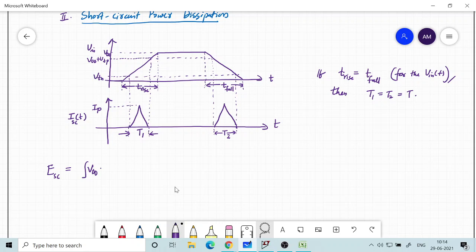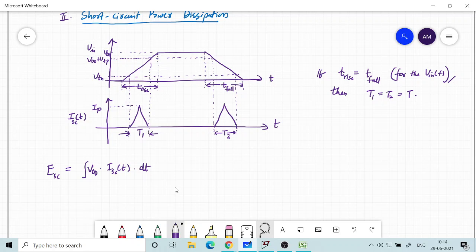It is flowing from the power supply to the ground, into I short circuit dt. And to find out for one cycle, we need to integrate for one cycle.